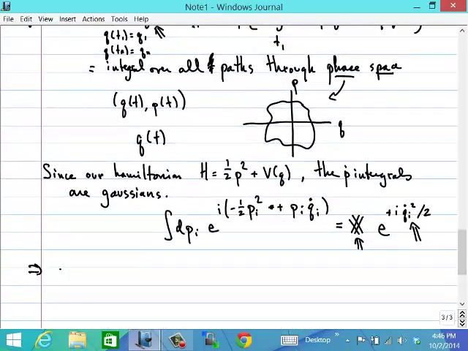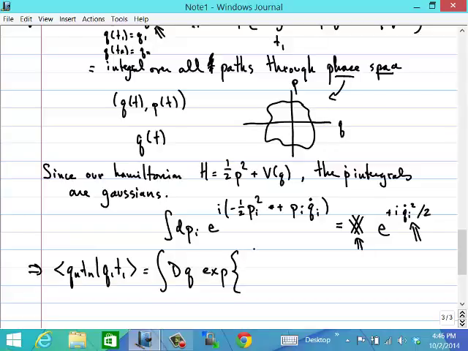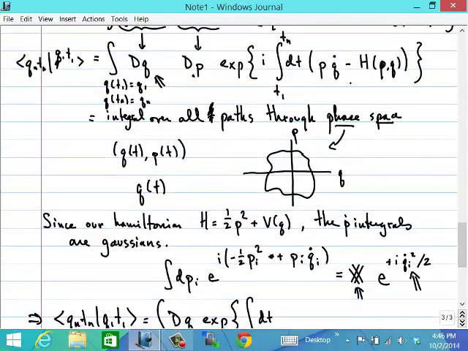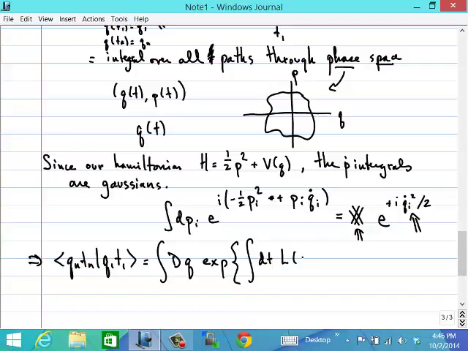So that implies that this transition amplitude is now just an integral over all paths through configuration space rather than phase space of the integral not of p q dot minus H as we wrote up there, but just of the Lagrangian, now regarded as a function of q and q dot.